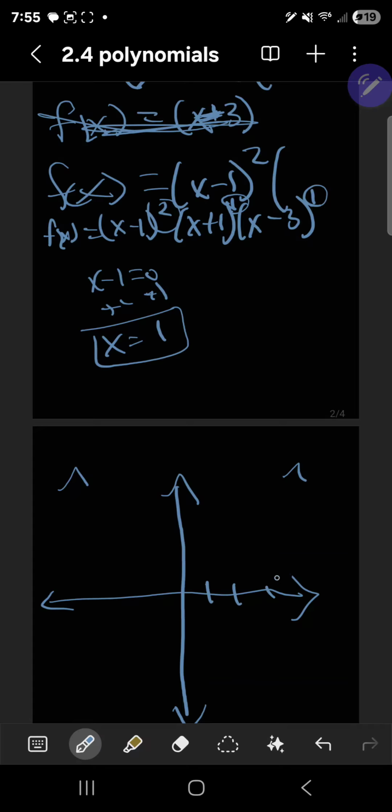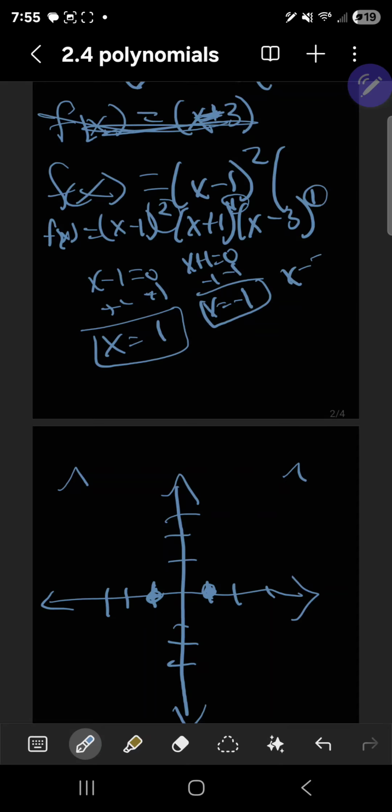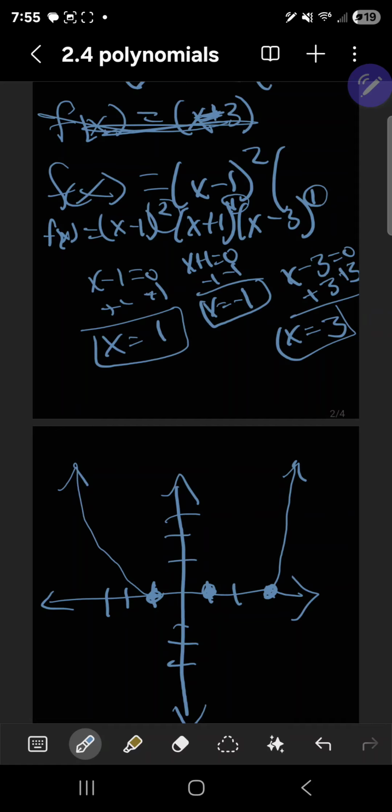So let's go 1, 2, 3, 1, 2, 3, 1. So x equals 1. There's a point right there. X plus 1 equals 0, minus 1 on both sides, x equals negative 1. So there's a point at negative 1. X minus 3 equals 0, plus 3, x equals 3. There's another point right there. And it goes up from there and up from there.